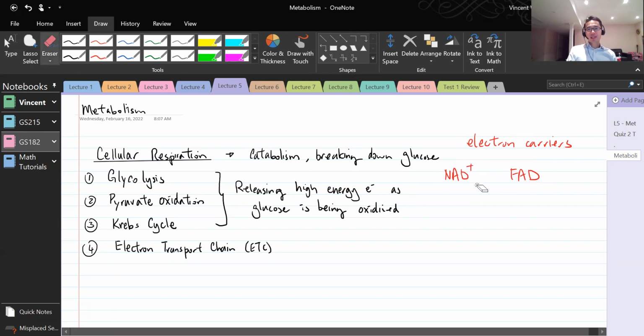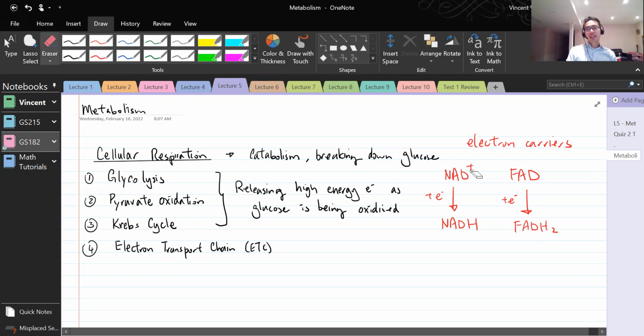So NAD plus will pick up the electrons, and then it will become NADH. Same thing here, FAD, if you add some electrons to it, then it will become FADH2. I'm simplifying here. It's more complicated than that, but that's all you need to know.